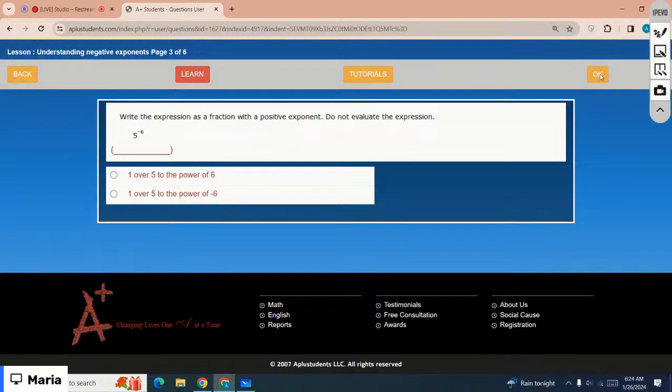The correct option is yes, you can write it 1 over 5 to the power 6. This way it would be a positive exponent. Option number 1 is the correct option.